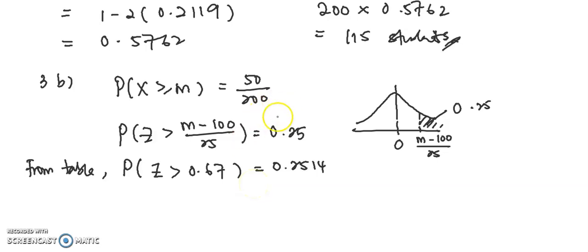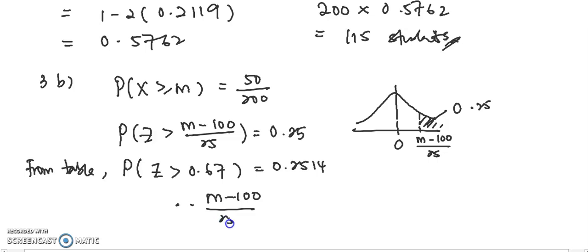From the table, I got the estimation: P(Z greater than 0.67) equals 0.2514, which is the nearest to the probability 0.25. So we can compare (m minus 100) over 25 to 0.67, and from here we can solve for m, which is equivalent to 117 marks.